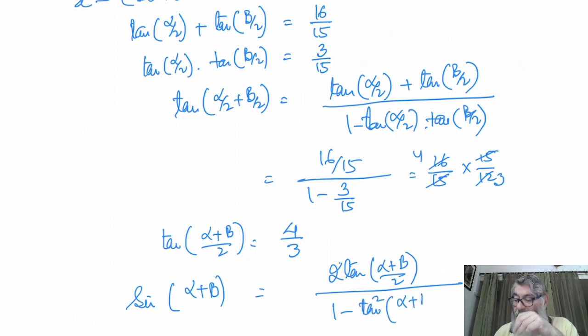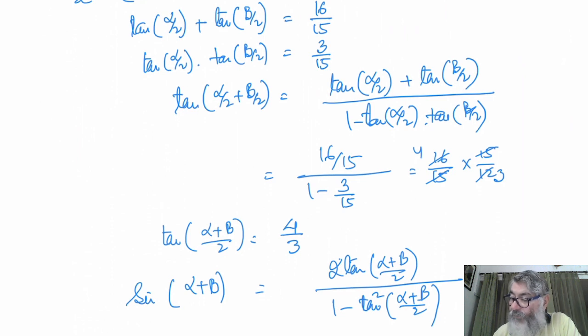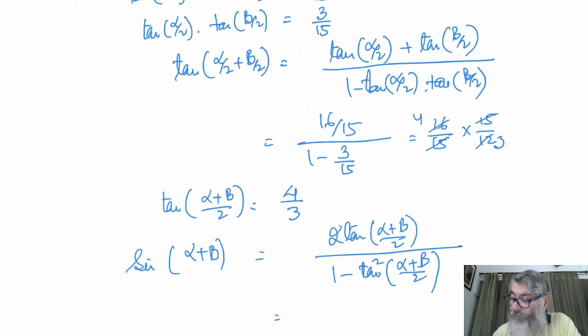You see, sin theta was equal to 2 tan theta by 2 upon 1 minus tan square theta by 2. So sine alpha plus beta will be equal to 2 tan of (alpha plus beta upon 2) upon 1 minus tan square of (alpha plus beta by 2). We know the value, 2 into 4 upon 3, over 1 minus 16 upon 9. Square it.